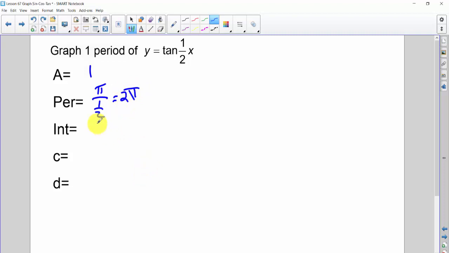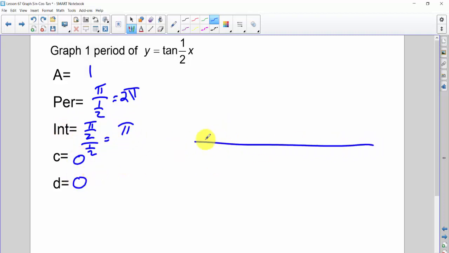I also notice my interval is going to change. Normally that's pi over 2, but that's also divided by a half. So my intervals are now pi. C is 0, D is 0. Again, I'll start at 0. I will put an asymptote and another 0.